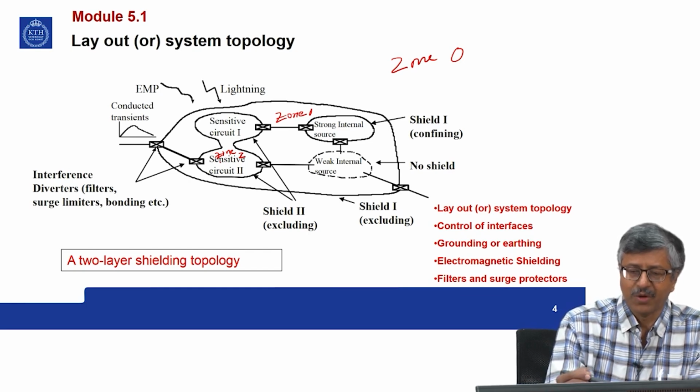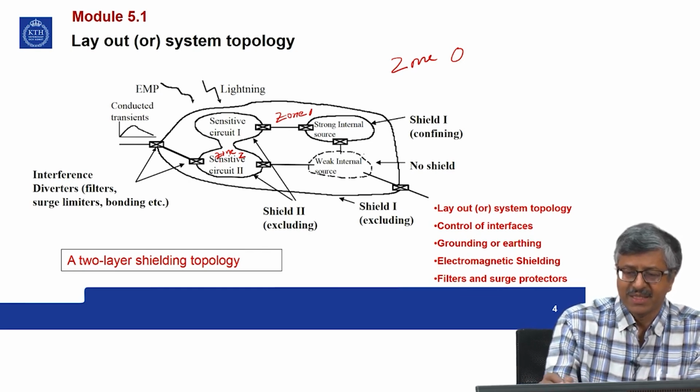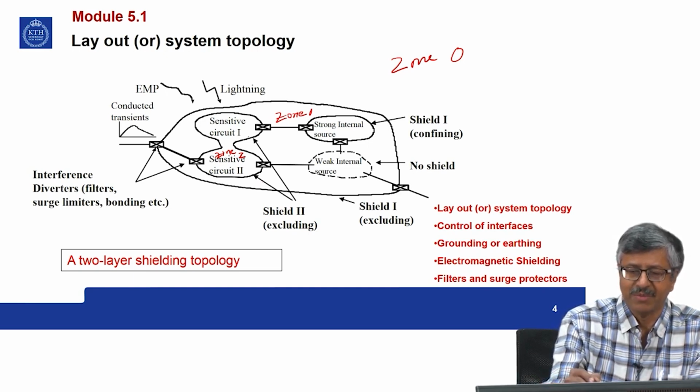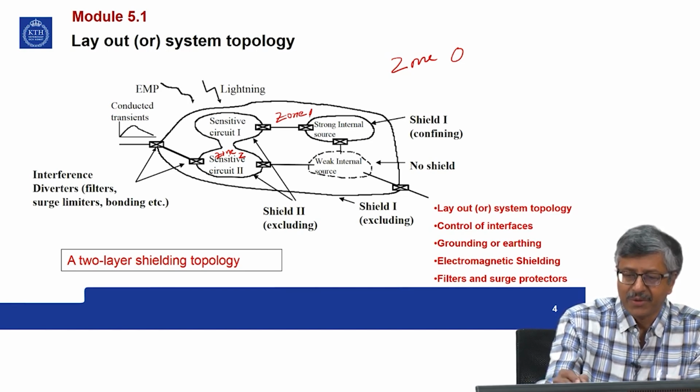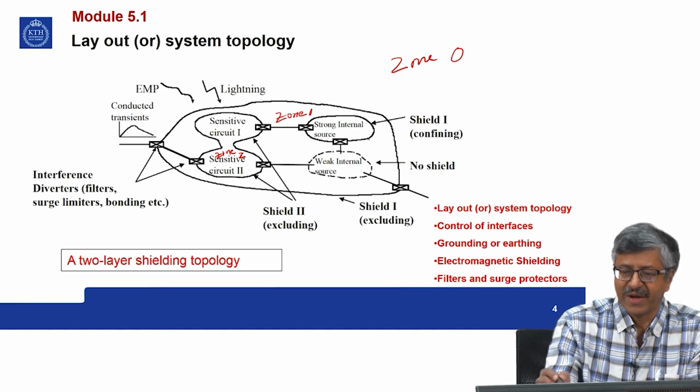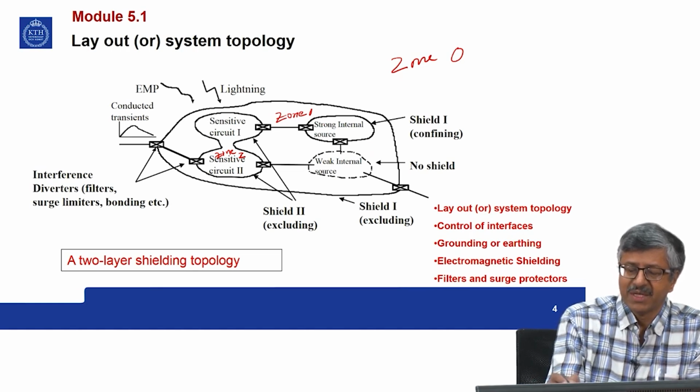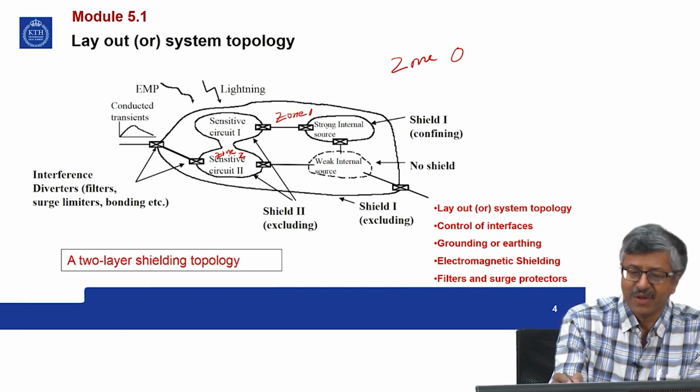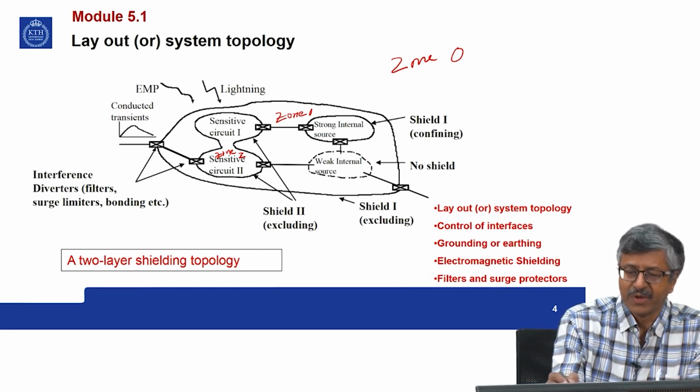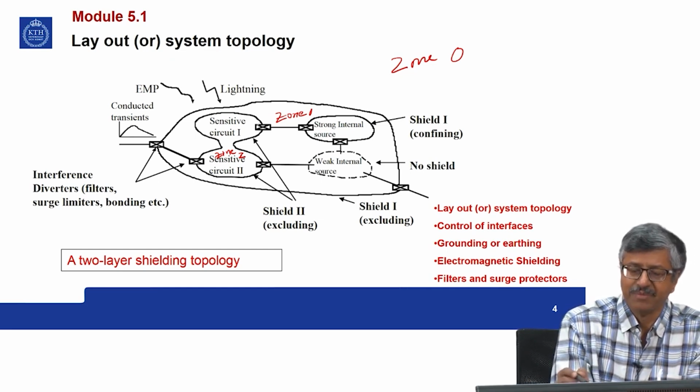layout using system topology. But inside the system itself, you have strong internal sources that can also produce disturbances, because these disturbances can interfere with its own sensitive circuit part. So you have to enclose them in another shield that is again confining. So here the purpose is that you do not want to give out the fields or strong currents and voltages from this into the other sensitive system.